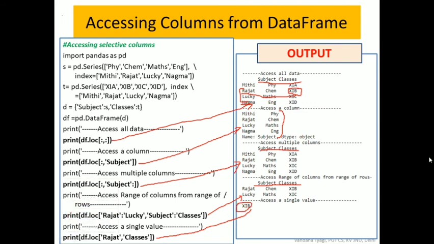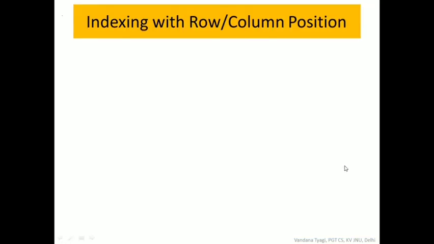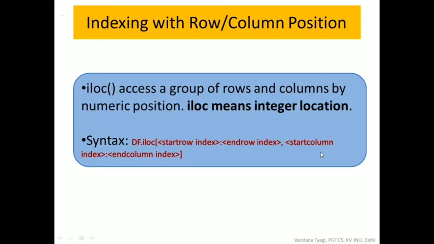Now moving further, we want to index the rows with the help of row and column position. So earlier we were doing it with the names, labels, row and column labels, so we used LOC. This ILOC is integer location. I stands for integer. So we are actually taking the physical indexes, which position.